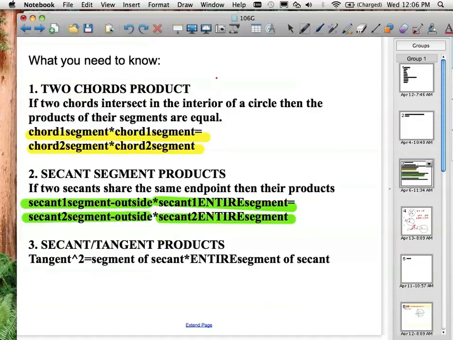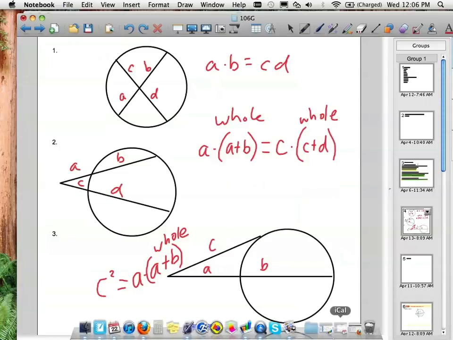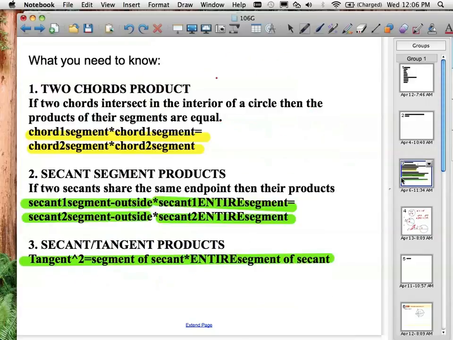That's something to know. Last one, secant tangent products. This is a secant and a tangent together. Okay, and so you square the tangent, and then you do this segment of the secant times the, and I'll add the word outside again to this, as I meant to.